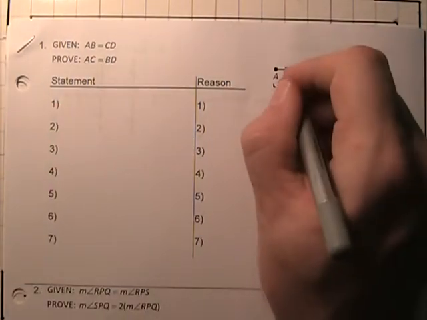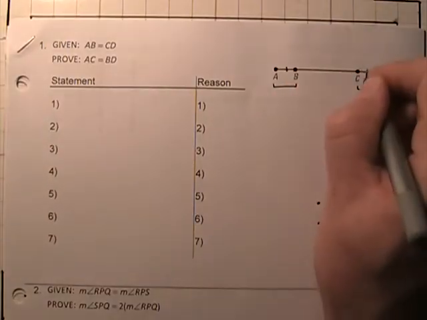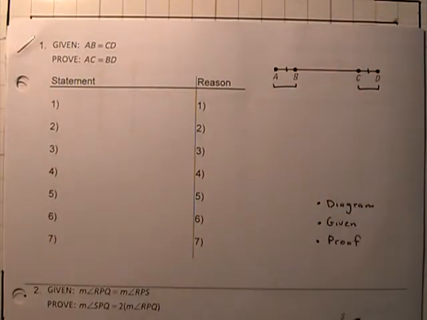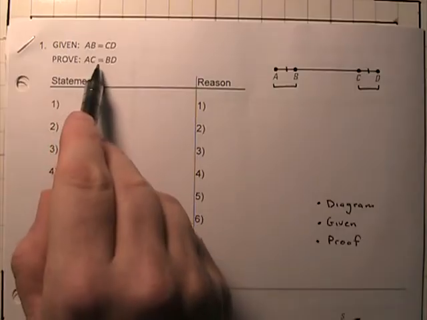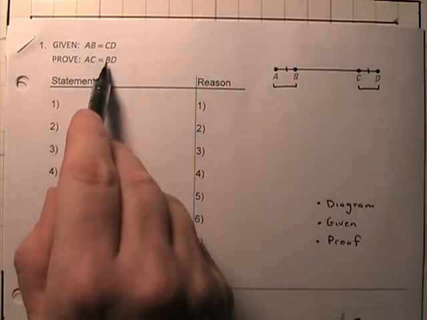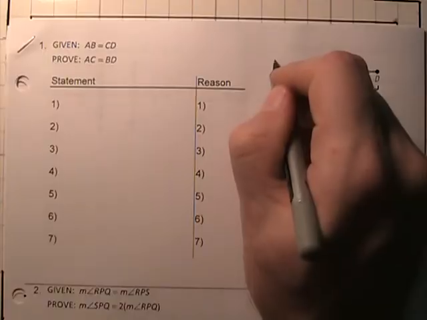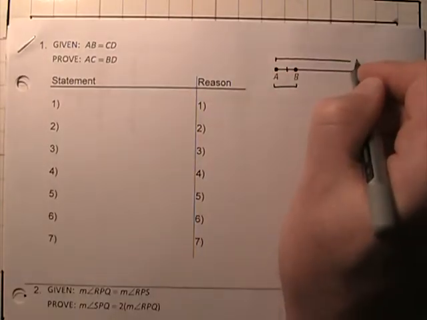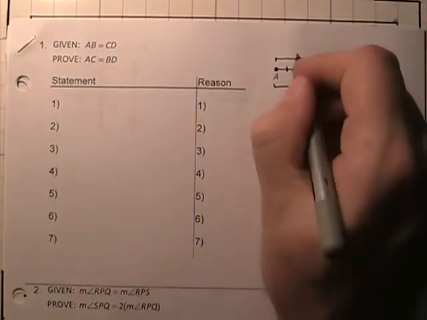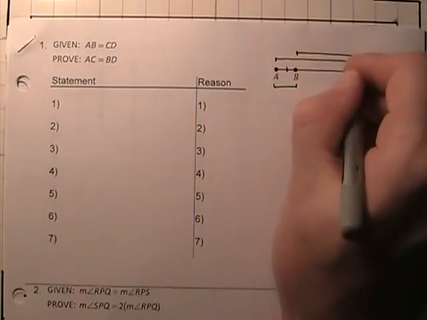And I guess eventually at some point I would be able to show these were congruent if that ever becomes important. And then it says prove that length AC is the same as length BD. So length AC and length BD, that's what we're trying to show, that they're the same.